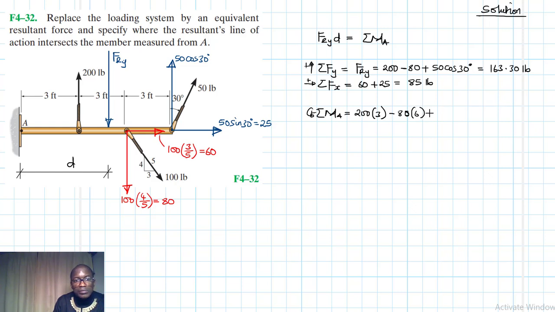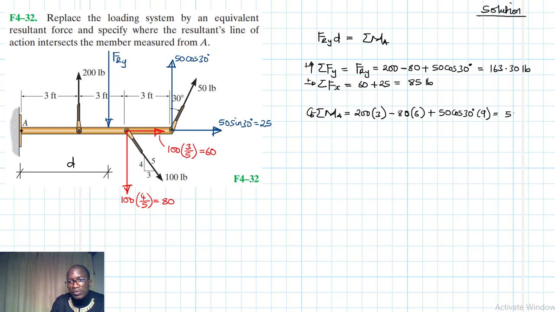Then we'll have another positive moment which is 50 cos 30 times 9.